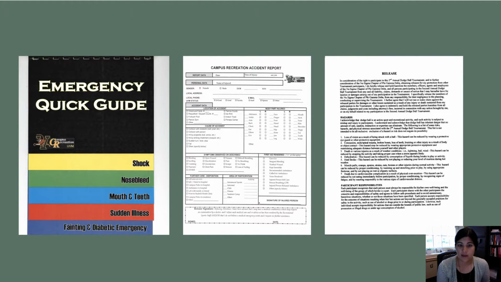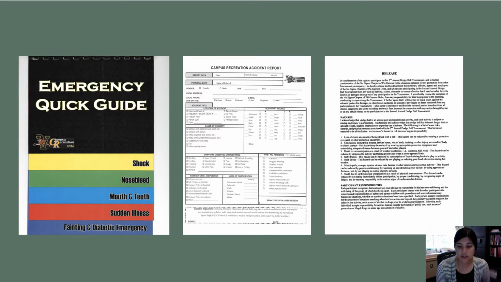Perhaps in a campus recreation setting, like the high ropes course, there is probably going to be an accident form that's filled out in the event that there's an accident. Is that form well written? Does it collect enough data so that we could potentially use that incident form to make improvements down the road, or potentially even support our side of an incident if a case goes to a lawsuit?